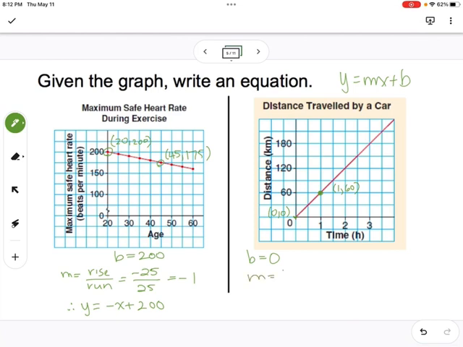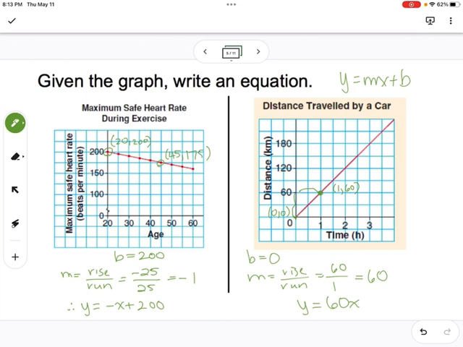So our slope, rise over run: we are going up 60 and over 1. 60 divided by 1 is 60. So our equation is y equals 60x plus 0, or we can just leave it as y equals 60x.